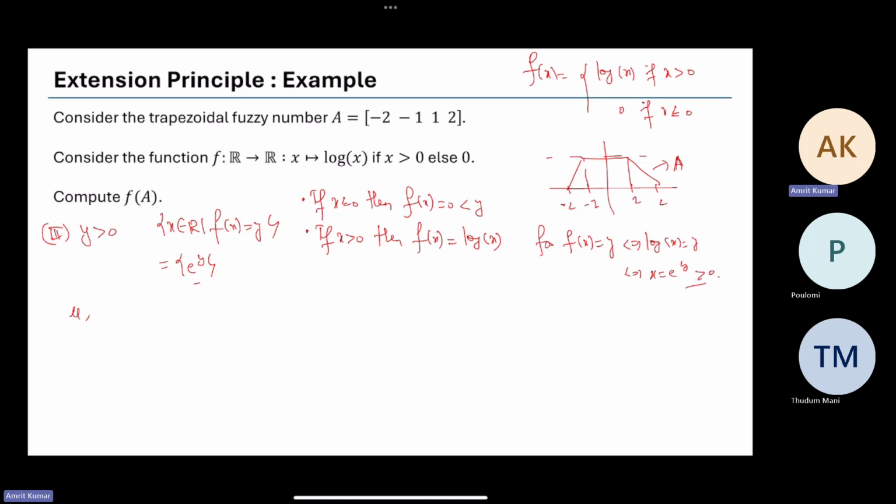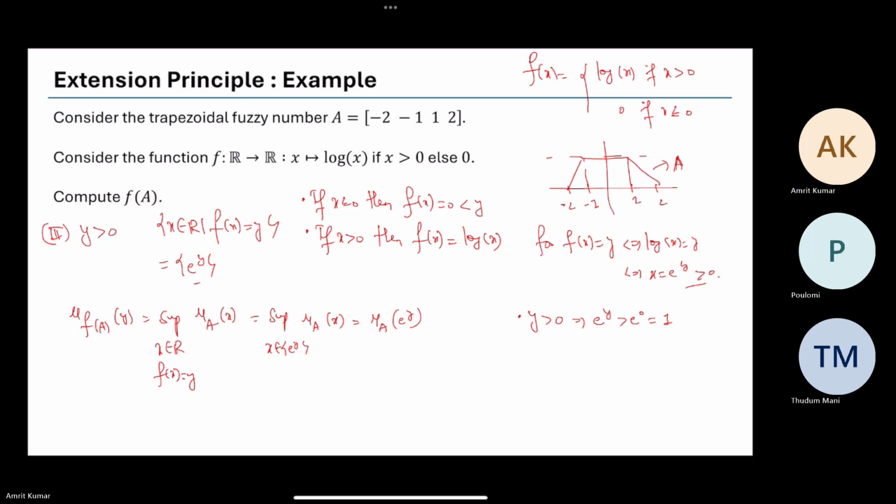And we just need to take the membership function of y in f of A. Now, how do we compute mu A of e to the power y? Since y is greater than 0, e to the power y is greater than e to the power 0, that is 1.